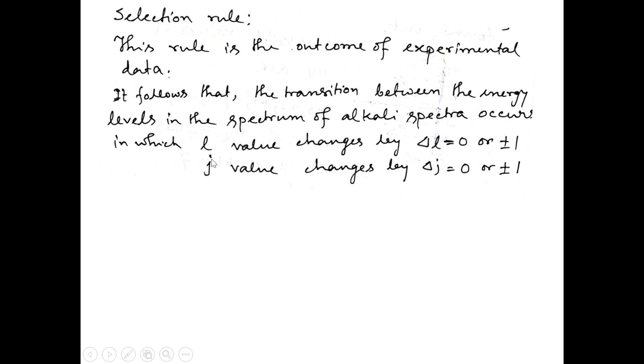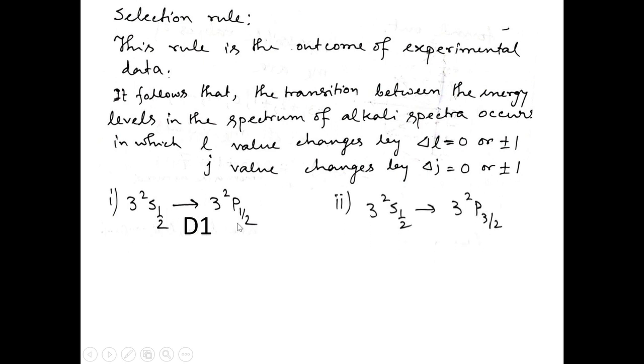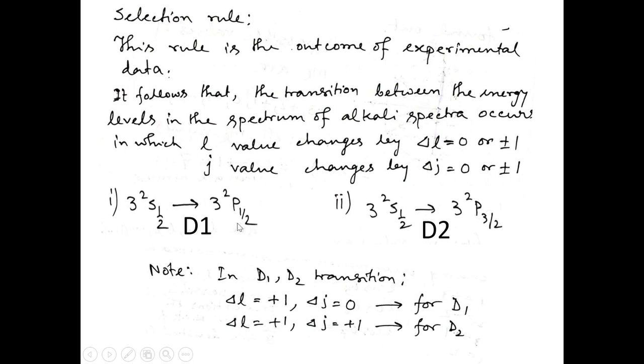Similarly, the change in L value will be either 0 or plus minus 1. So this transition is D1, and this transition is D2, where delta L is plus 1 and delta J 0 for D1, and delta L plus 1 with delta J plus 1 for D2.